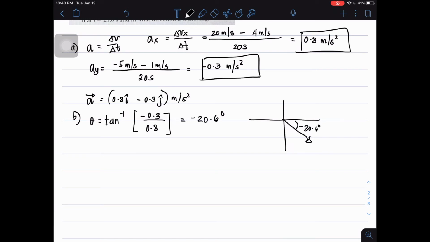Okay, and negative 20.6 degrees is not the only direction that you could give for this one. There are several ways to give the direction. You could get the positive angle, which is equivalent to, rounded up, 339 degrees.